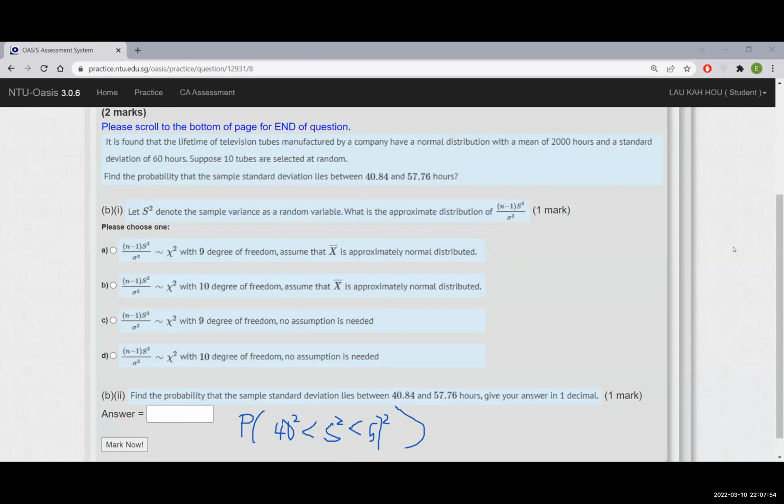Then you use your chi-square. So you need to have (n minus 1) S square over sigma square. So what you do is you multiply by n minus 1 here, and here also times n minus 1.